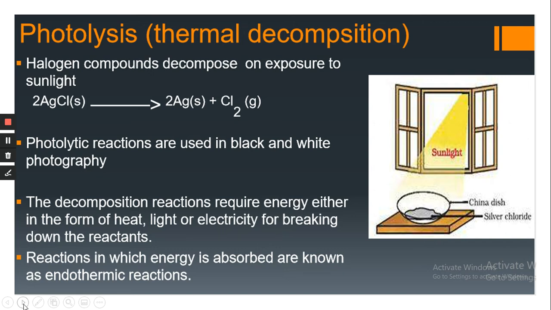The decomposition reaction requires energy either in the form of heat or light as well as electricity to break down the reactants. And a reaction in which energy is absorbed is known as an endothermic reaction.